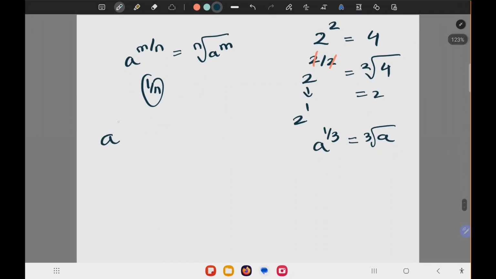So let's say a to the power m by n is equal to something x, right? So let's say I raise this to the nth power. So a to the power m by n, to the power of n, will be equal to x to the power of n. So both are raised to the power n, right?